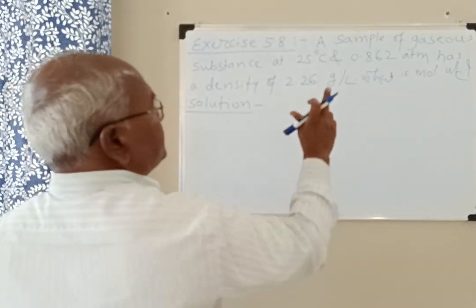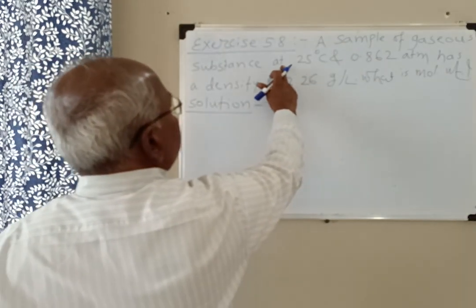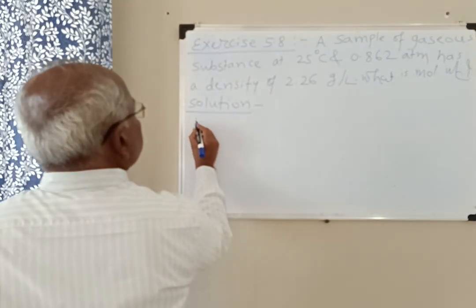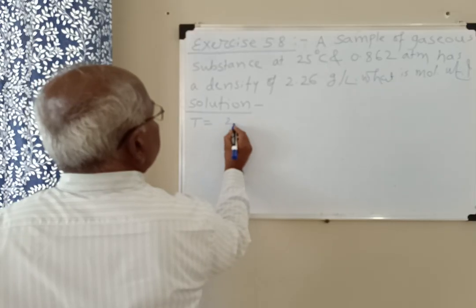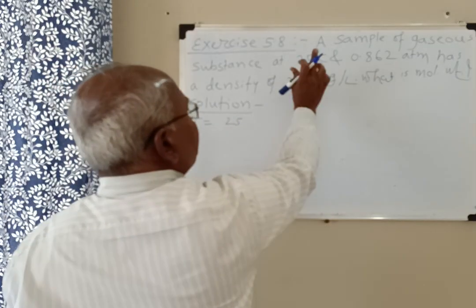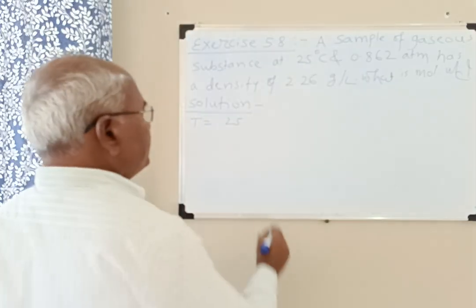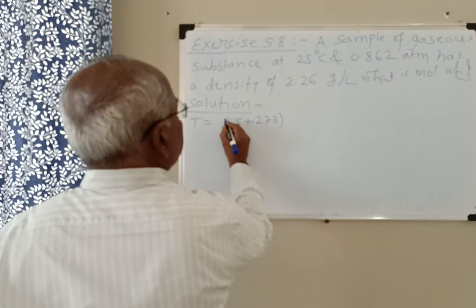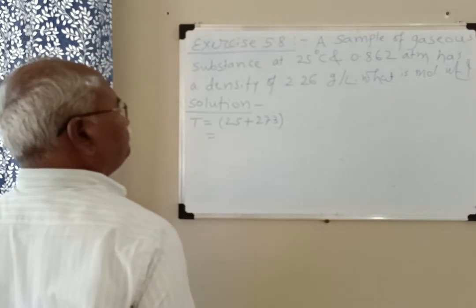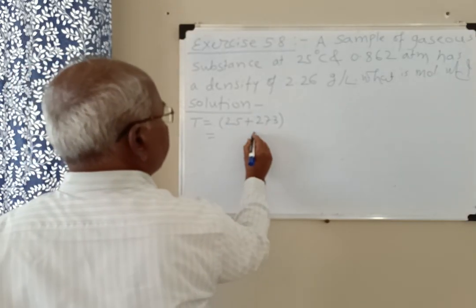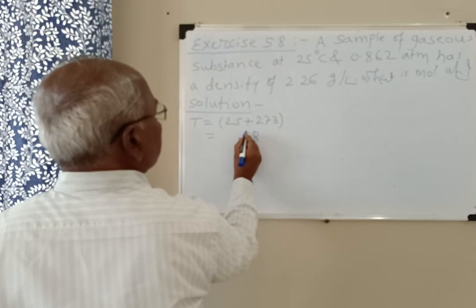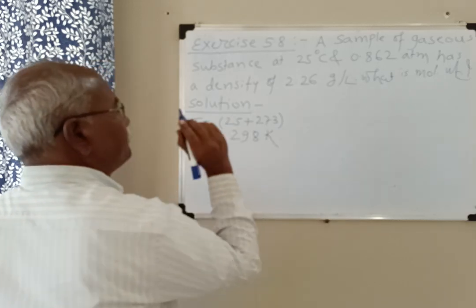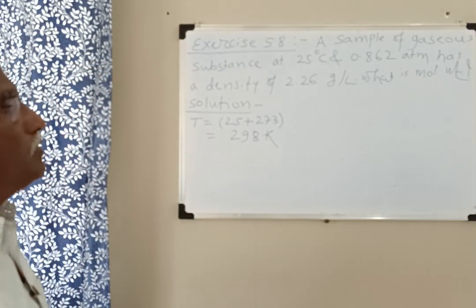So here, a sample of gaseous substance at 25 degrees centigrade: T is equal to 25. I want this temperature in Kelvin scale, plus 273, that is equal to 298 Kelvin. This is the temperature.